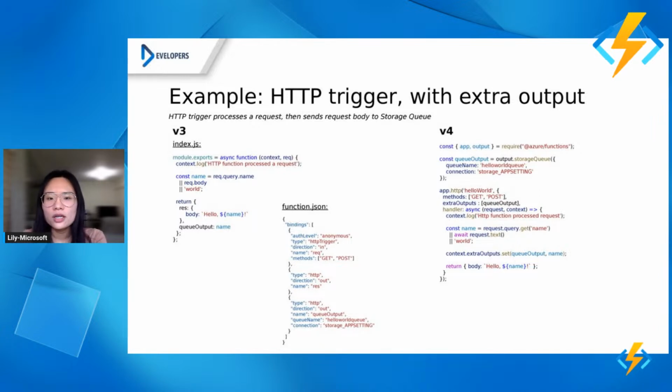In the v4 model, you would do the same, but create this queue output object from the output object from Azure Functions. So I've created a queue output here, and I pass that in as part of the list that the extra outputs property is expecting. And then once I get the name from the request body, I am using the context.extraOutputs.set method to say that, okay, I want to send this name to my queue.